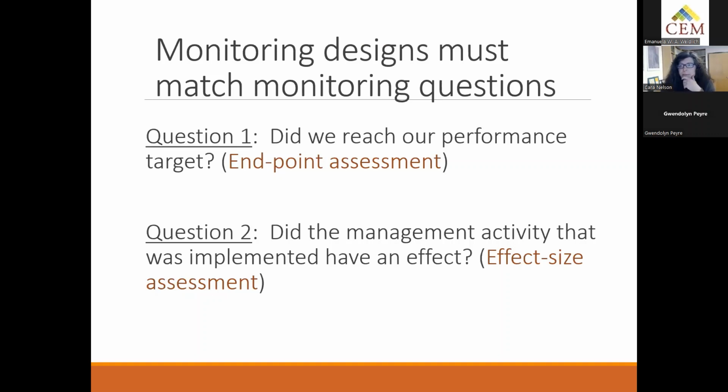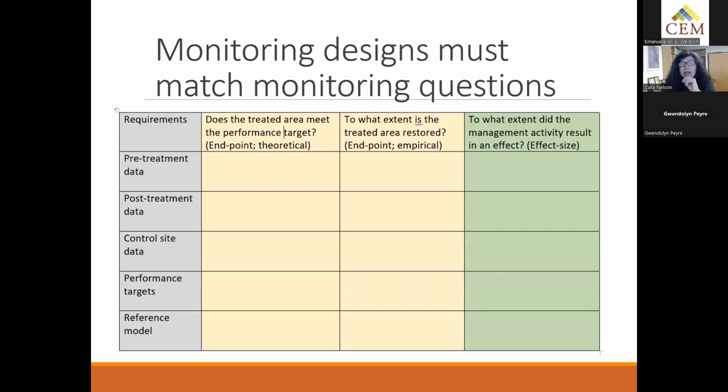So in my title, I said efficacy and effects, and I meant them as these 2 sorts of questions. The reason this is so important is that when you need to sample and where you need to sample varies based on which of those questions you want to answer. So if you look just in the gray box, the different approaches to sampling or data requirements for sampling include having the baseline data, the pre-treatment data, having data after treatment, okay?